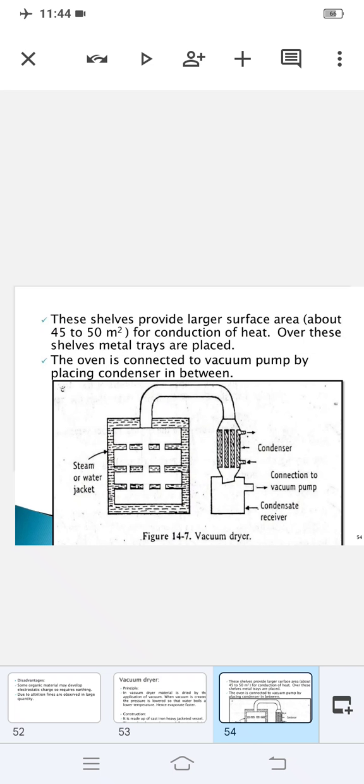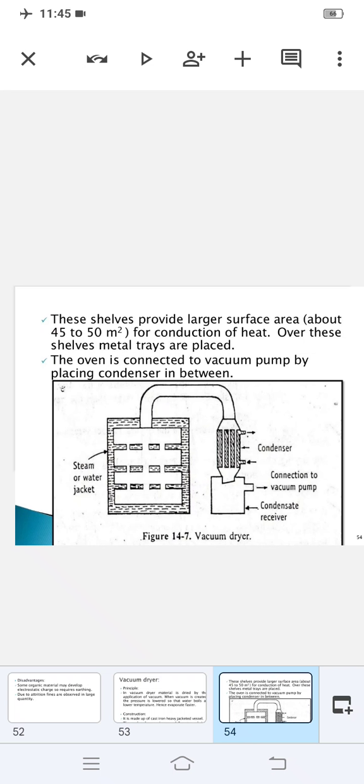These shelves provide a larger surface area for the conduction of heat. Over the shelves, metal trays are placed for keeping the material. The oven door can be locked tightly to give an airtight seal, and the oven is connected to a vacuum pump, with a condenser placed in between. So this was the construction of our vacuum dryer.